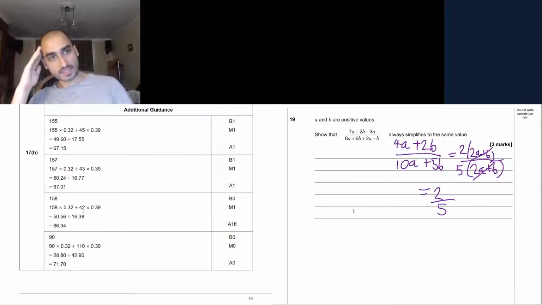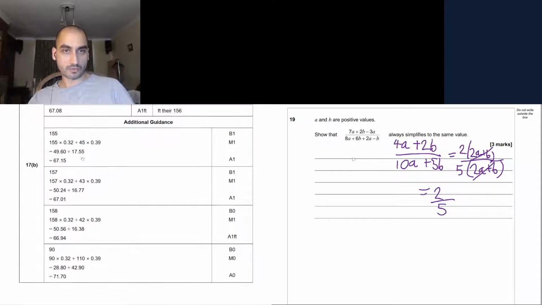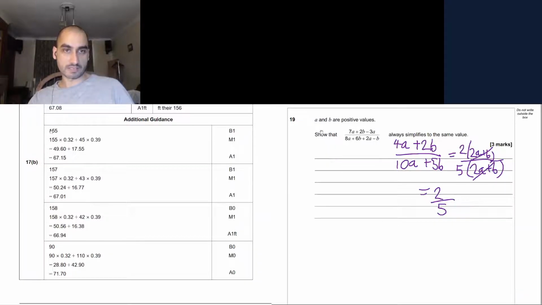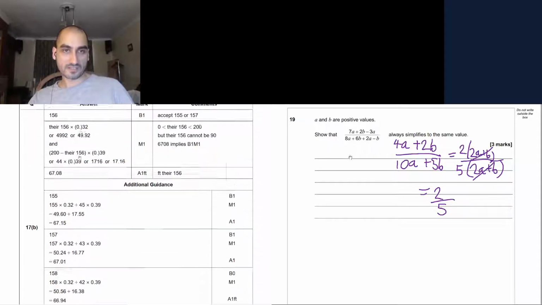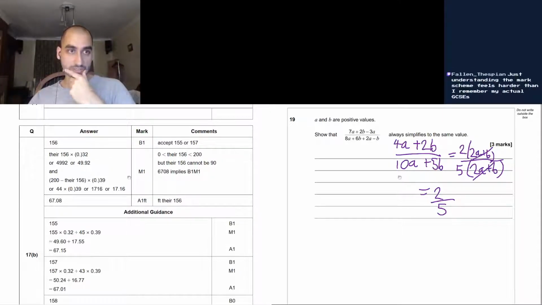And less than 156 minus less than 200 is basically one of these four examples here. This one, 155 plus, well, this one's more than. But I didn't hit that example either. It's really weird though. But I think what they're instructed to do is, if the situation is not covered by all these scenarios, then they won't give you the mark.